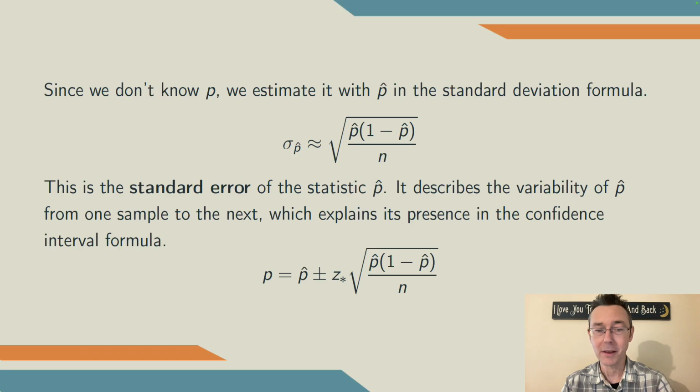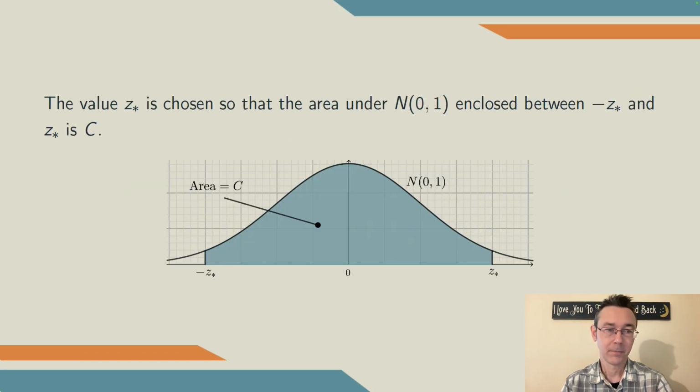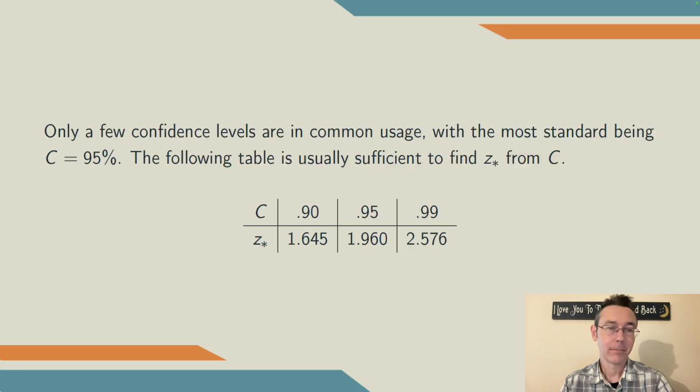You can see here p hat plus or minus z star times that standard error. As always, we choose z star so that the area under the standard normal distribution that is enclosed between negative z star and positive z star is c. And that value z star can be computed with a little bit of care using an inverse normal CDF function.